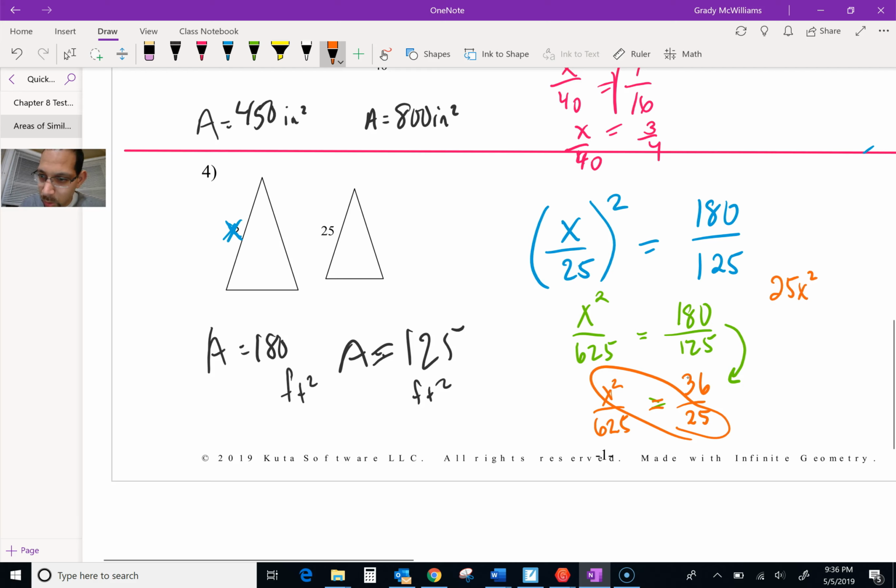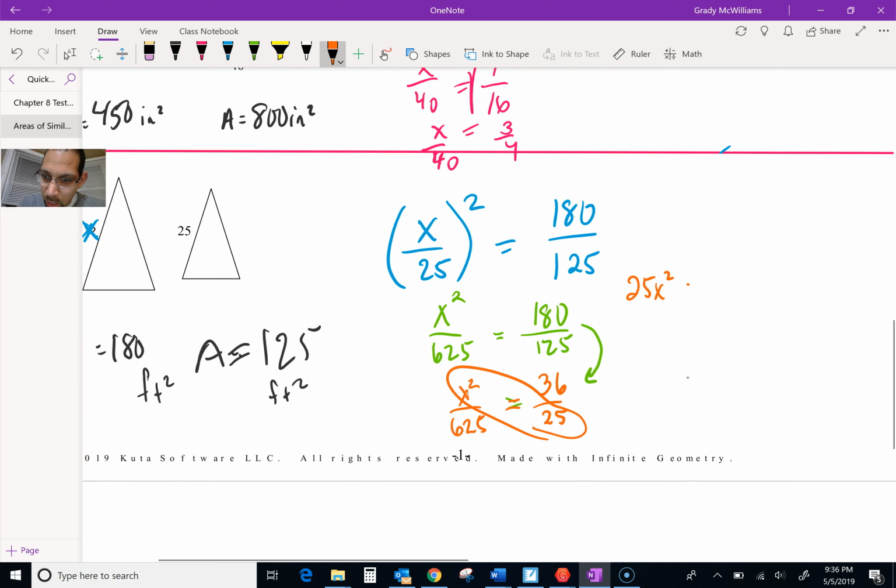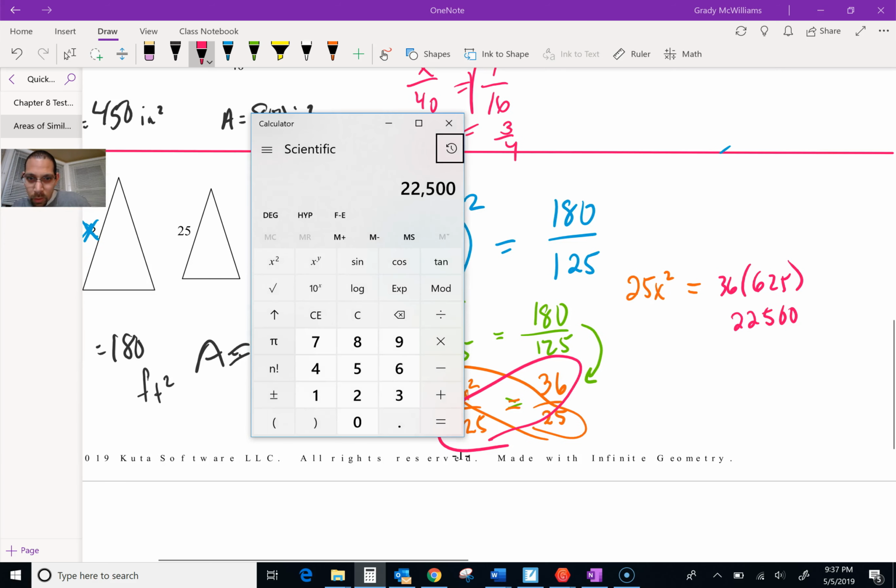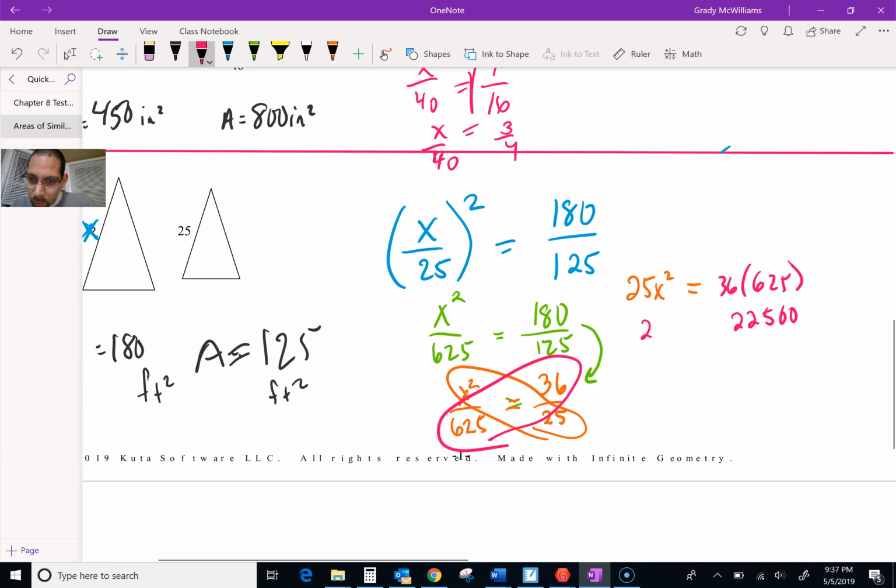25 times x squared is 25x squared. It is equal to the other direction, 36 times 625. Punch it out on a calculator and see what the answer is. It shows me that my answer is 22,500 right there. So now I've got 25x squared equals 22,500, and I'm going to divide by 25 on both sides.